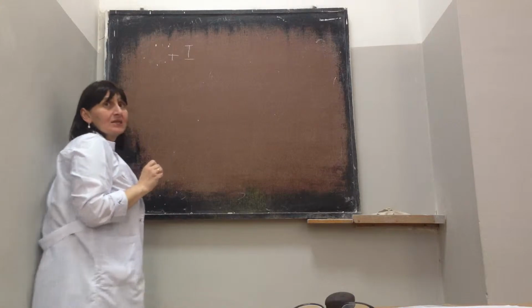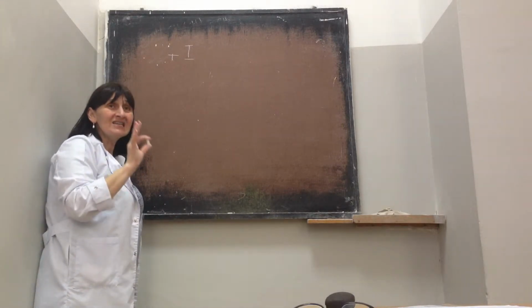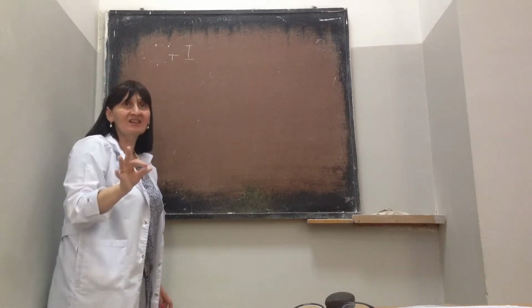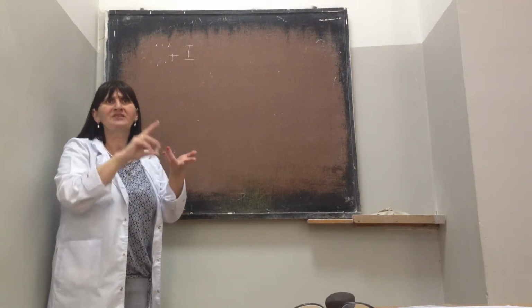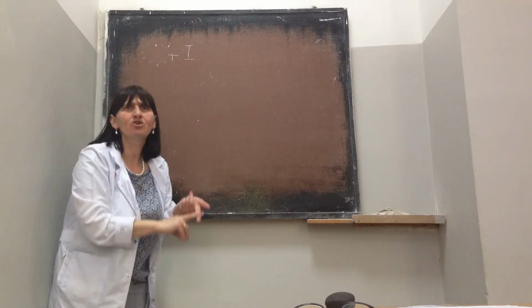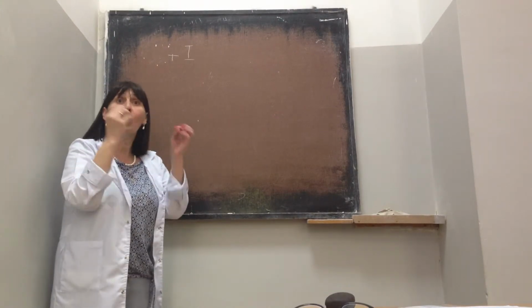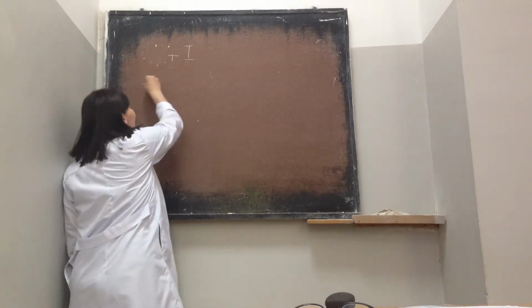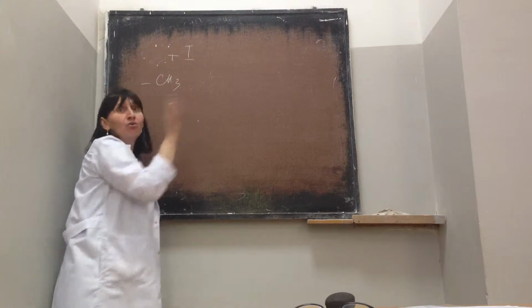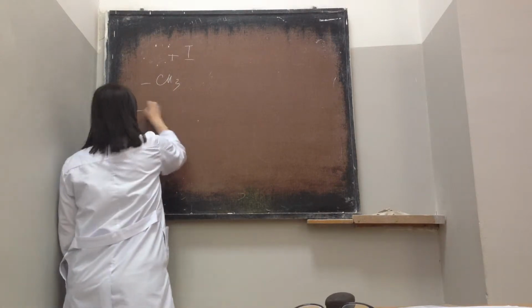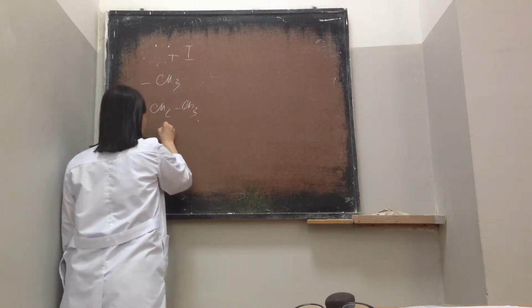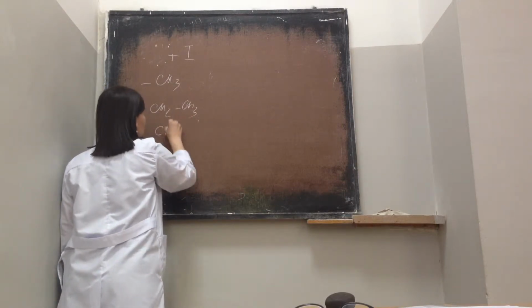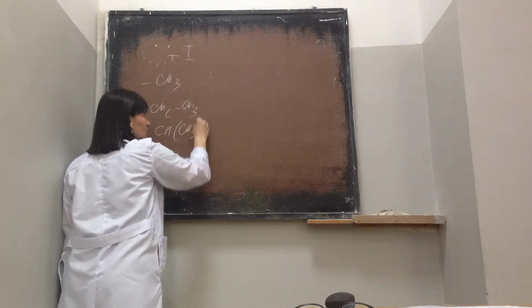I write it like this. These groups are all alkyl groups: methyl group, ethyl group, tertiary butyl group, isopropyl group, propyl group. So any alkyl group, whichever you want: CH2CH3, or for example CH(CH3) 2 times.